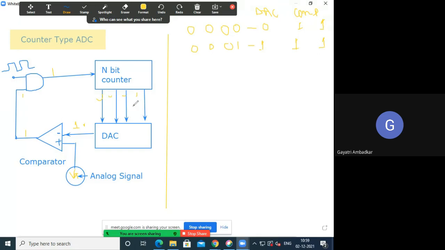So now what will be the output of a counter? 0 0 1 0. And 2 clock pulses झाल्या. So 0 0 1 0. Now what will be the output of DAC? 0 0 0 1 म्हणजे इक्विव्हॅलेंट काय झाला? डिजिटल टू एनालॉग कन्व्हर्टर इज गोइंग टू करेक्ट. इट इज गोइंग टू कन्व्हर्ट इट इनटू एनालॉग सिग्नल. तर 0 0 1 0 हा जर डिजिटल आहे तर त्याचा एनालॉग इक्विव्हॅलेंट काय?